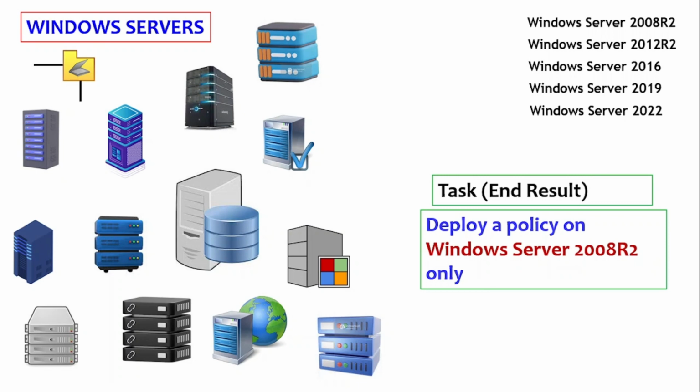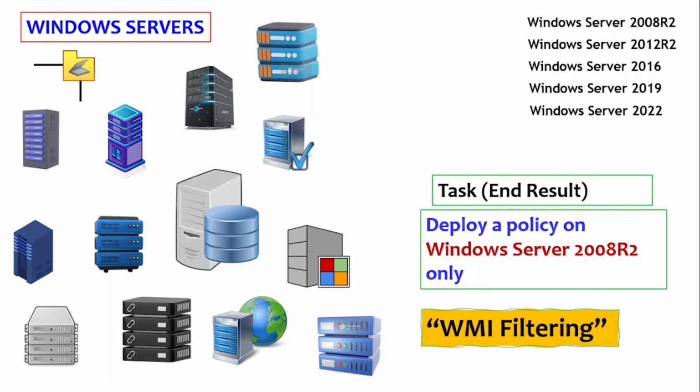That's our target, and we don't want to break this particular OU structure because there are other policies applied to this OU as well. So how to achieve this task? WMI filtering will come to our rescue over here. We'll create a filter exclusively for Windows Server 2008 R2 machines and deploy the policy. We'll see in our labs and upcoming slides how it is achieved.